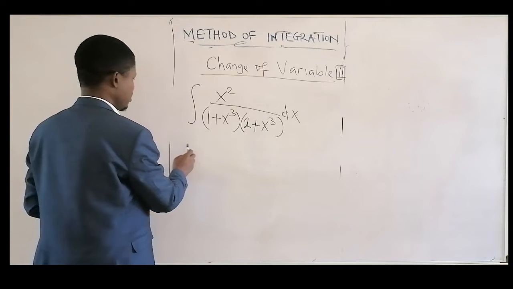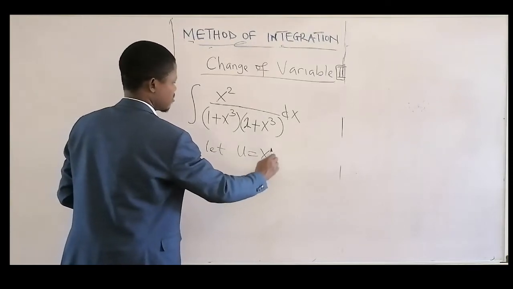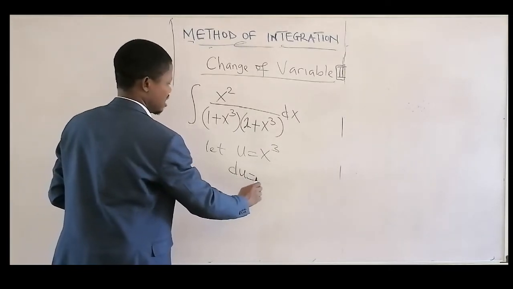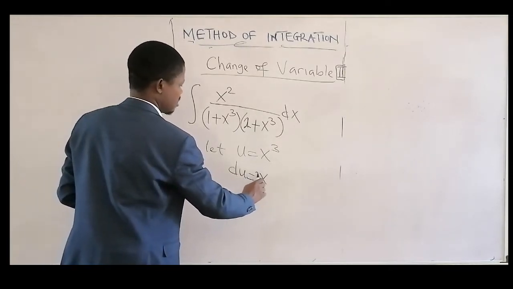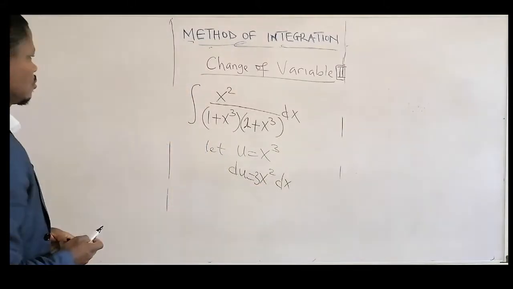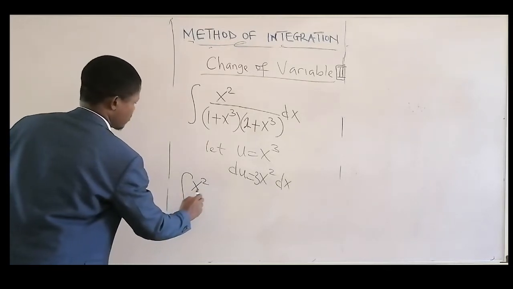So let u be equal to what? x cubed. So du is what? 3x squared dx.